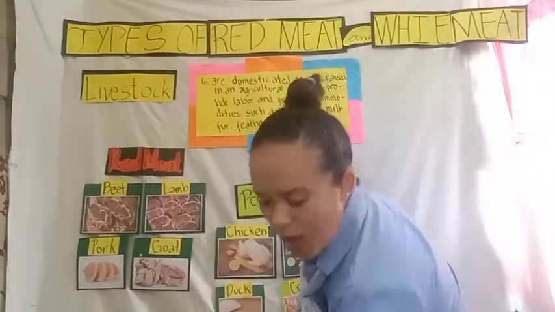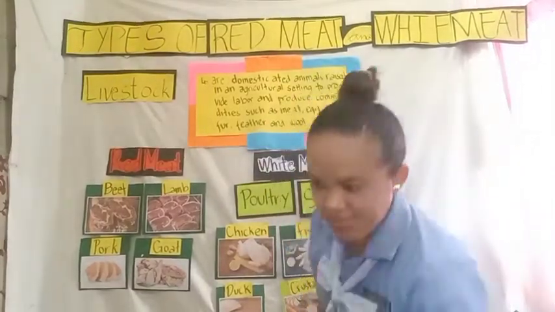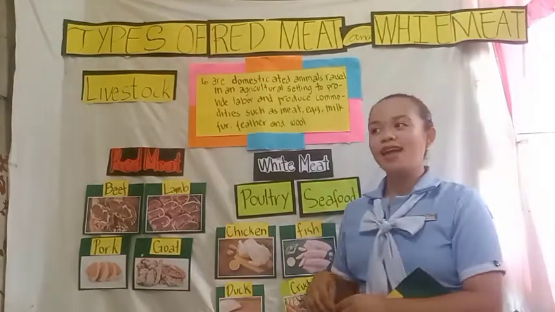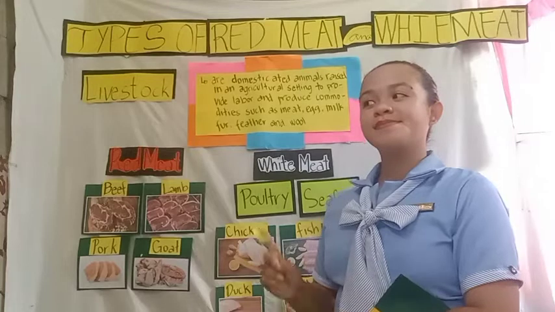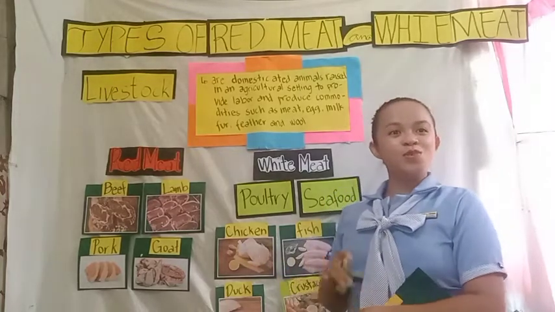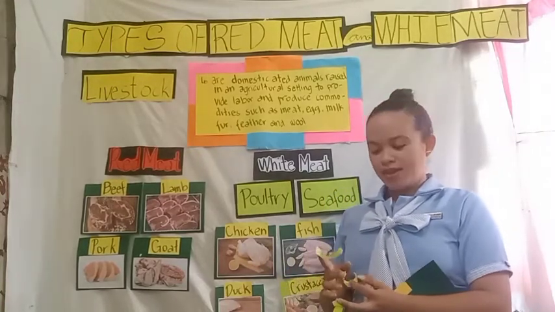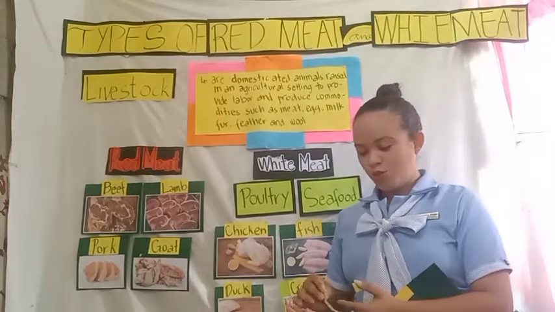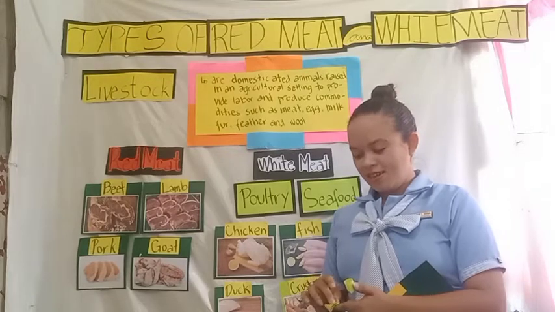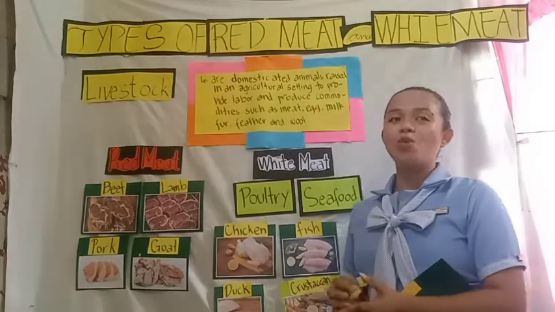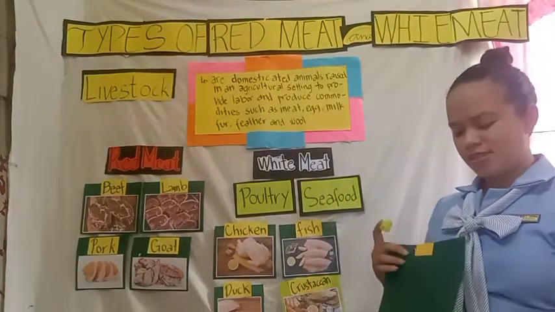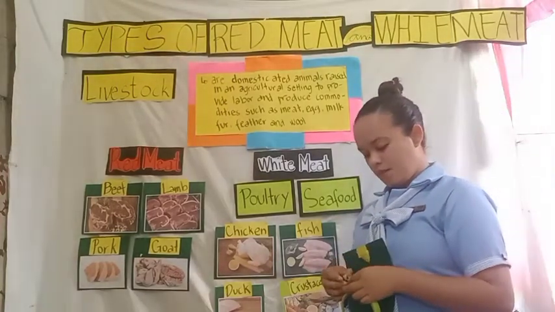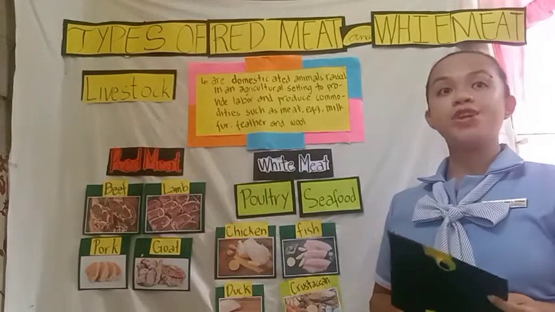So the last one. What do you think is the last one? Okay. So you don't have any idea? Okay, so the last one that still belongs to the seafood is the mollusks or the shells.